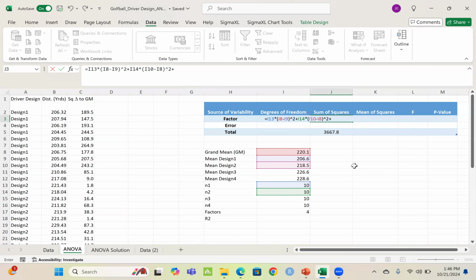Plus, the next one that I want to do is to multiply times the difference between this and the grand mean, and I want to square that value.